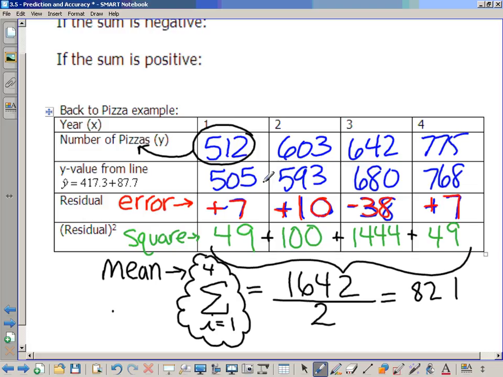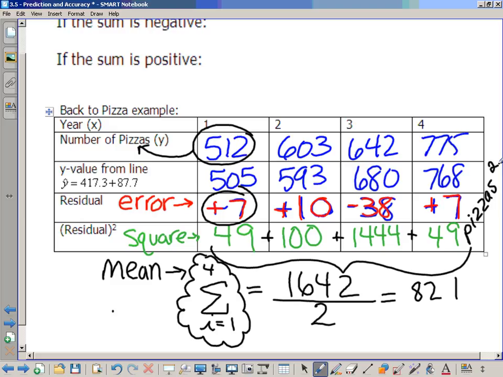When we subtracted 505, the difference was 7 whats? Pizzas. When you square it, suddenly your units are in pizzas squared. What is a pizza squared? A Sicilian? Yeah, that was a good one.